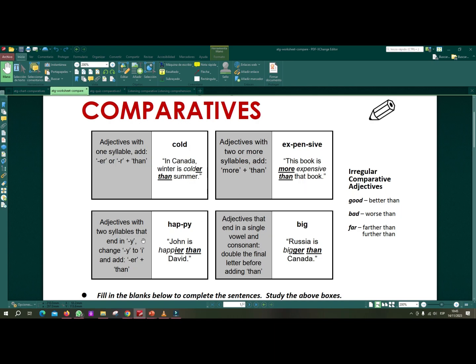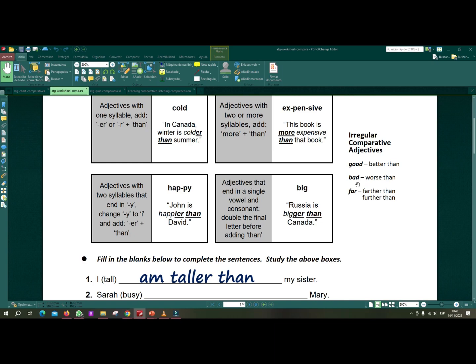Adjectives with 2 syllables that end in y, change the y to i, add er, plus than also. Happy. John is happier than David. And adjectives that end in a single vowel and a consonant double the final letter before adding than. Big, consonant, vowel, consonant. Russia is bigger than Canada, and don't forget the irregular ones, good, bad, and far.